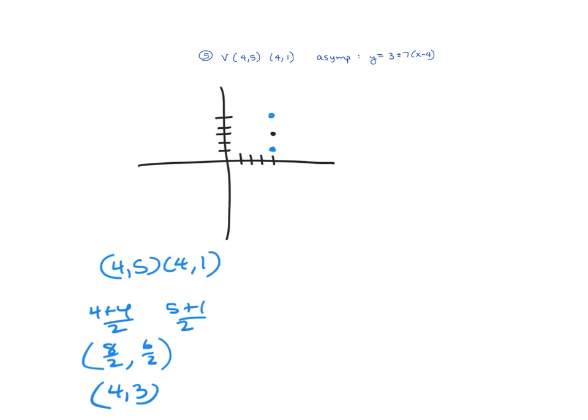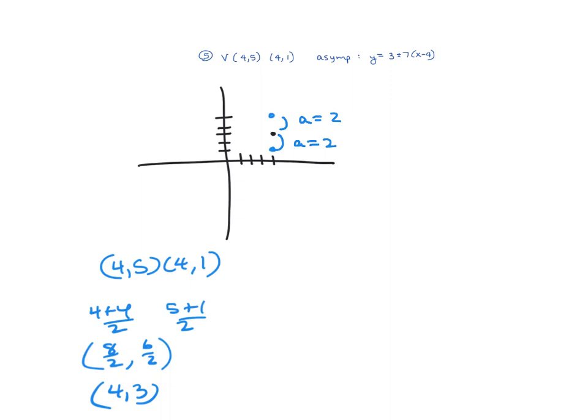I could have also just counted and found the middle here. So you can see that from the center to this vertex, my a value is 2, and then the same thing here. So when we're doing this, we can either figure out where is the middle of these 2 blue dots, or we could have done the midpoint formula.